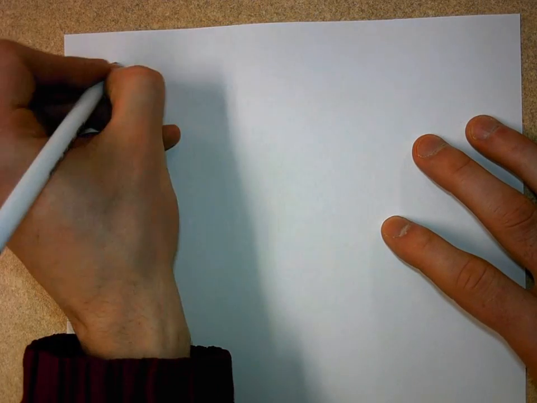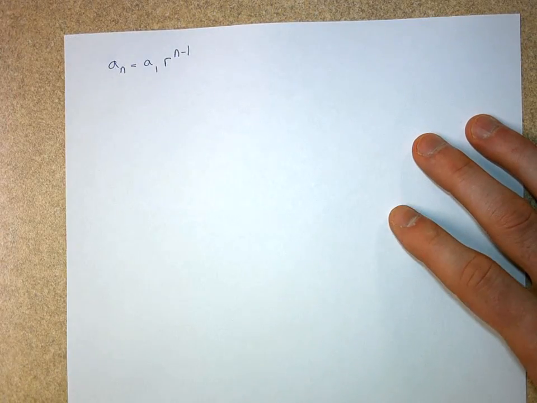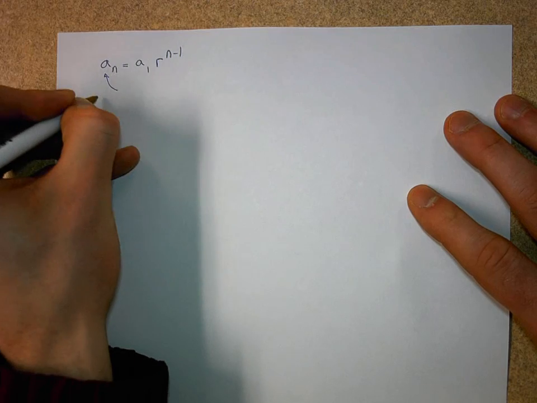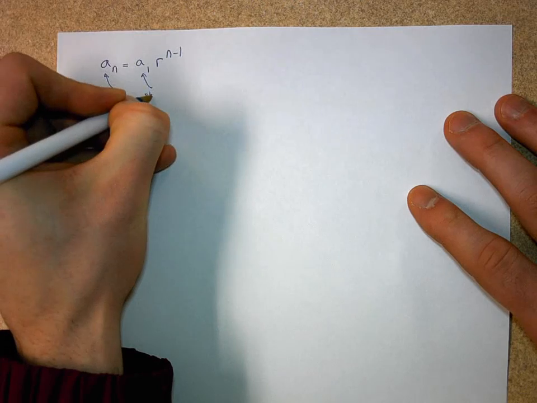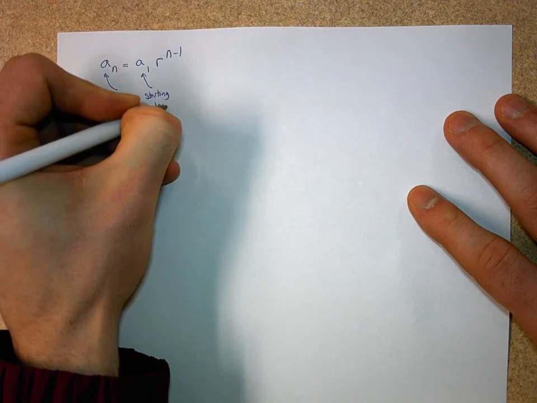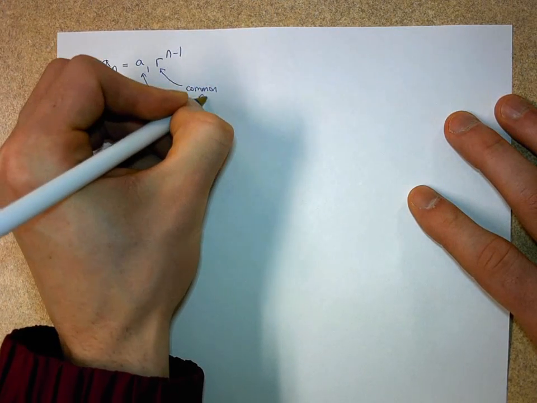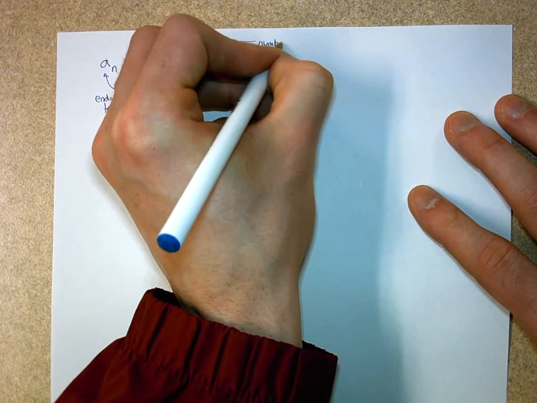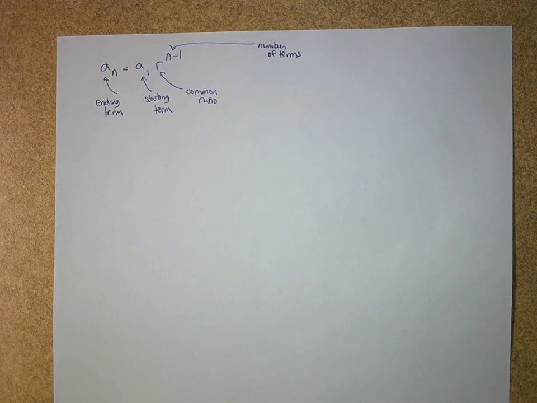So we've got the formula a sub n is equal to a sub 1 times r raised to the n minus 1. a sub n is my ending term. a sub 1 is my starting term. r is going to be the common ratio, and n is going to be the number of terms.